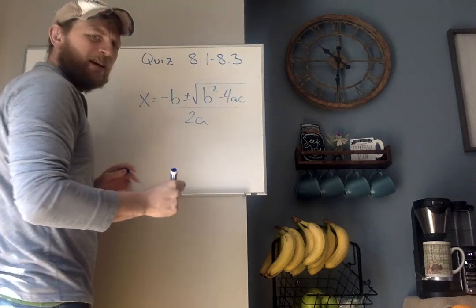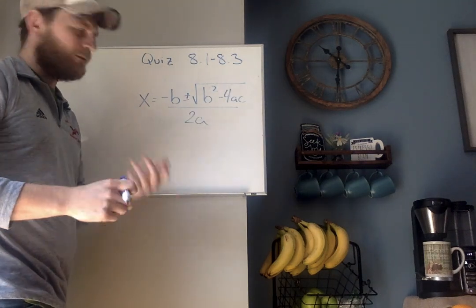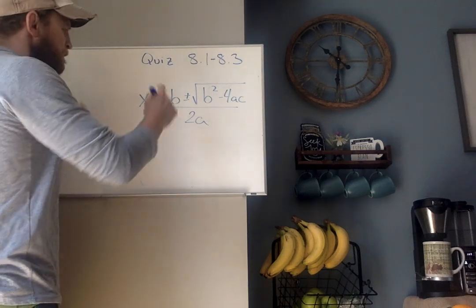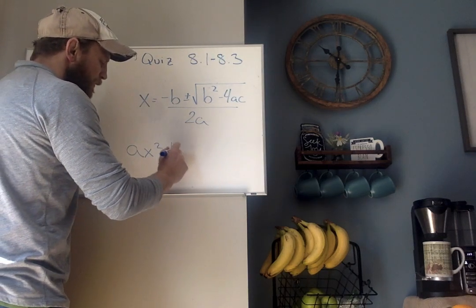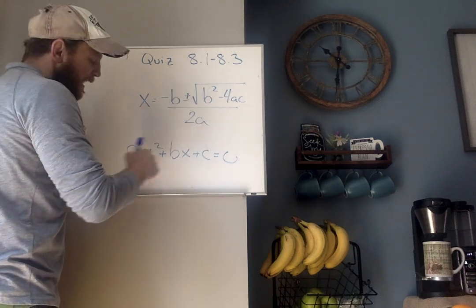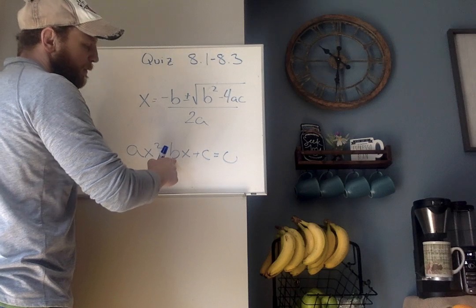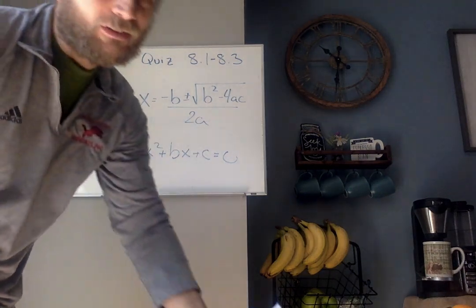This is the discriminant. It tells me how many real or imaginary roots I have. Now all of these things come from this, so your equation has to be in this format. Okay, a is the number in front of x squared, b is the number in front of x, and c is your constant, and then you just plug in your numbers.